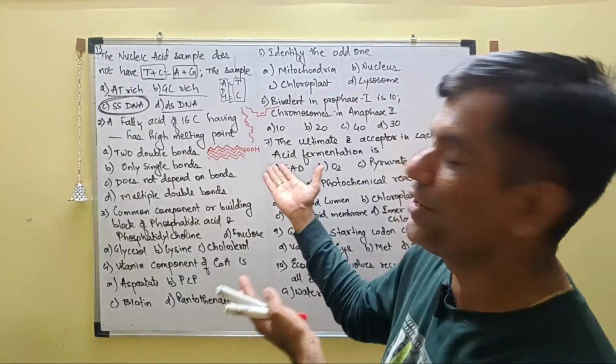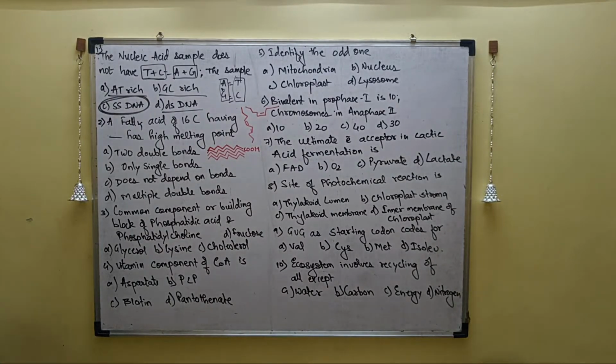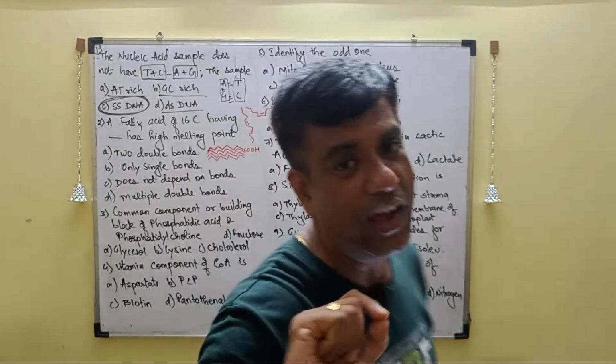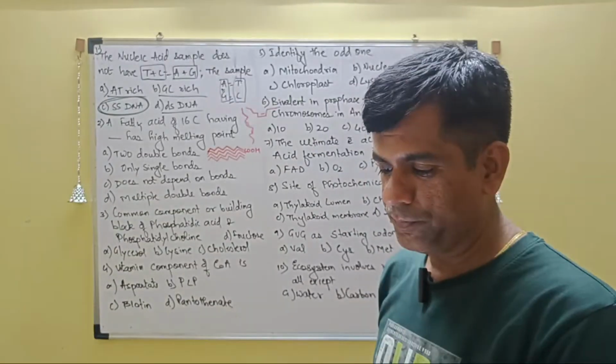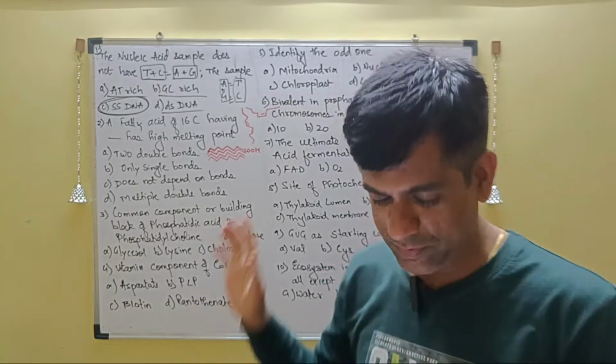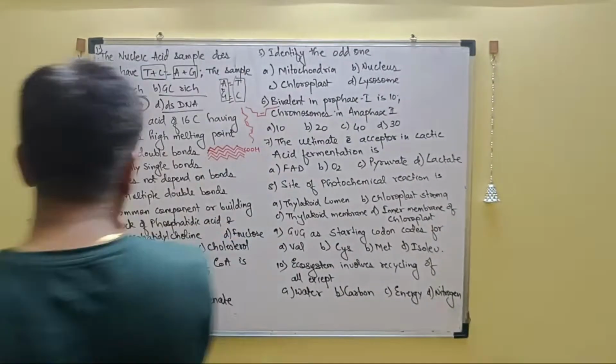Which one will have the high melting point? I'm still waiting for your answer. Till you give me, I'm not going to go. Yes, those which have only single bonds will have a high melting point. So it is A, B, C or D? I will not go. Tell me, you know I am very stubborn in that case.